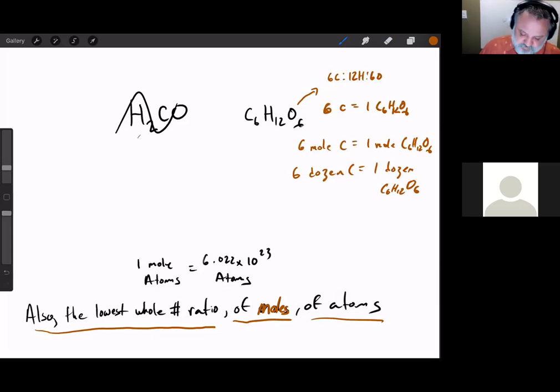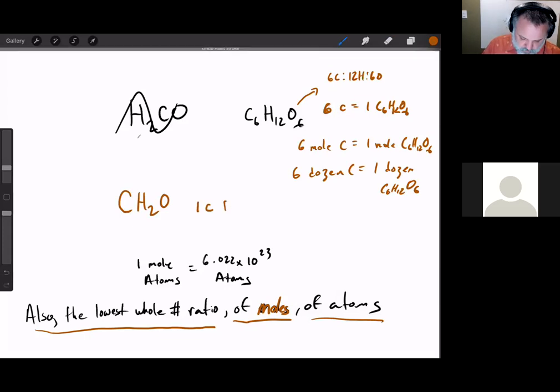And so when it comes to the empirical formula CH2O, there's 1 carbon atom for every 1 empirical formula of CH2O.